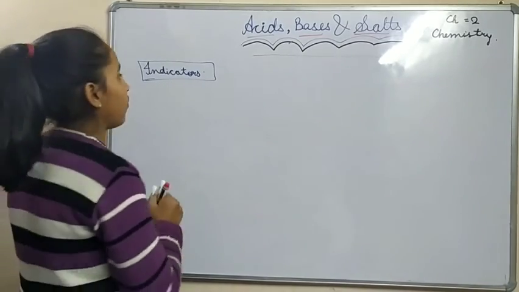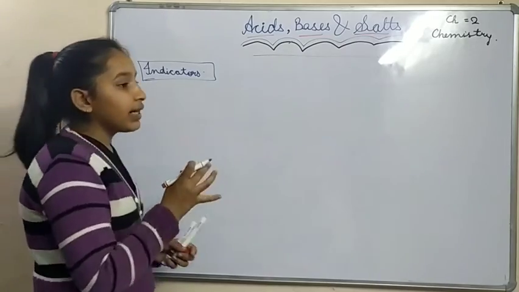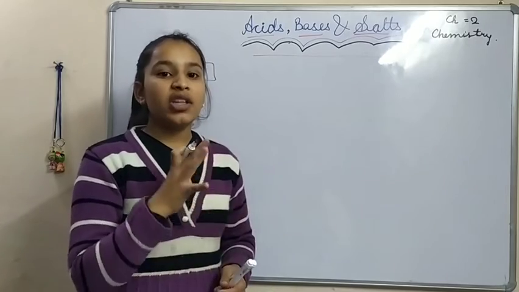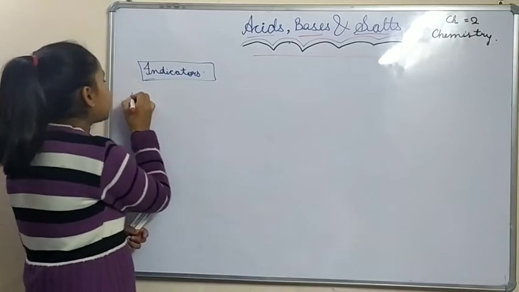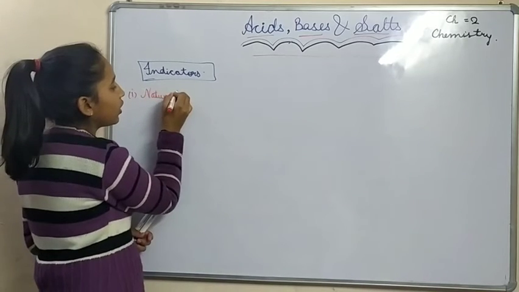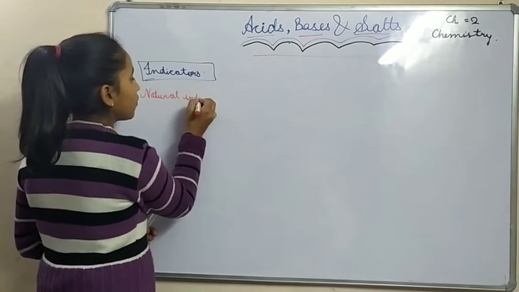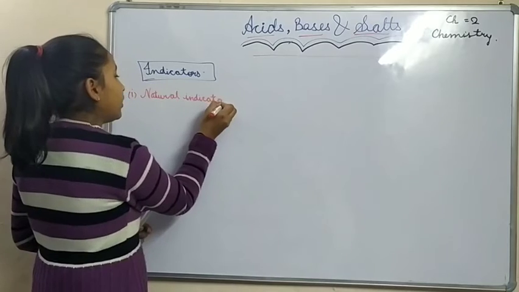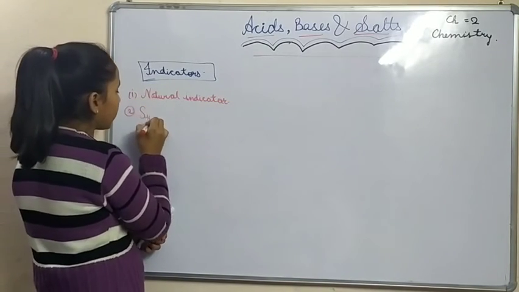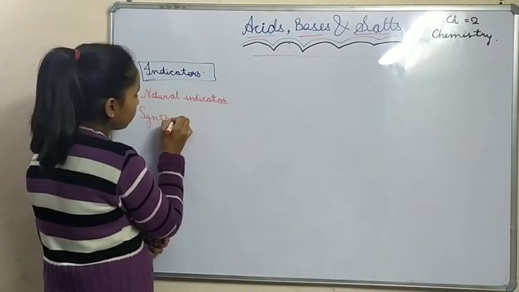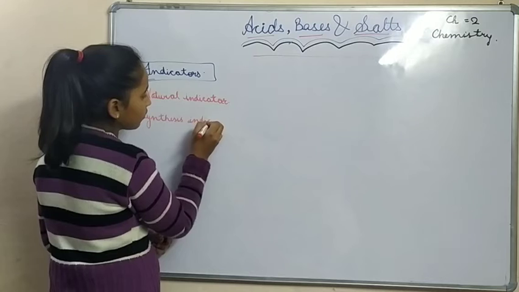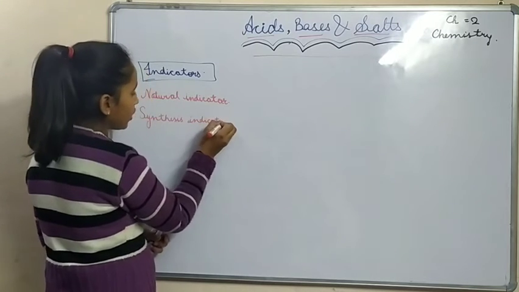There are three types of indicators. Indicators can be on the basis of color or on the basis of smell. The first type of indicator is natural indicator. The second type of indicator is synthetic indicator.